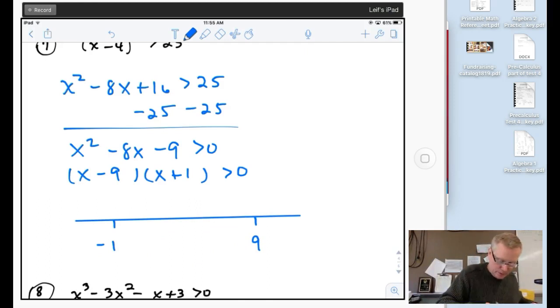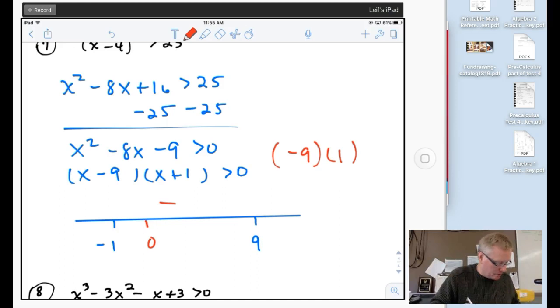So if I plug in some numbers now, I still love plugging in 0. It's the easiest number to work with. 0 minus 9 is negative 9. 0 plus 1 is 1. Multiplying together, you get a negative number, which is not a solution. I need things greater than 0. And if I plug in 10, 10 minus 9 is 1 times 11.